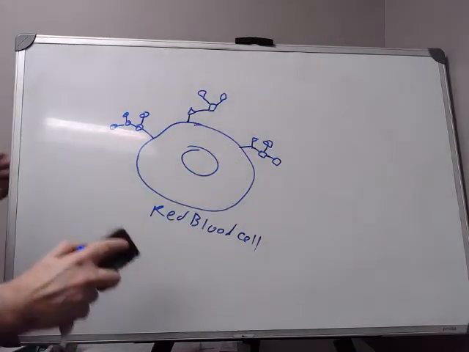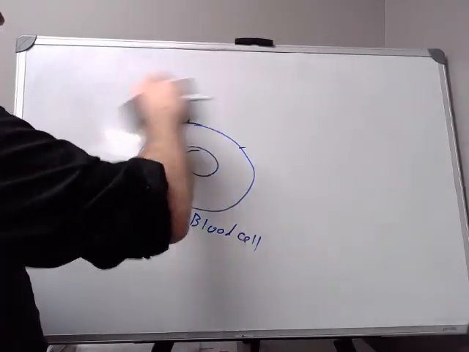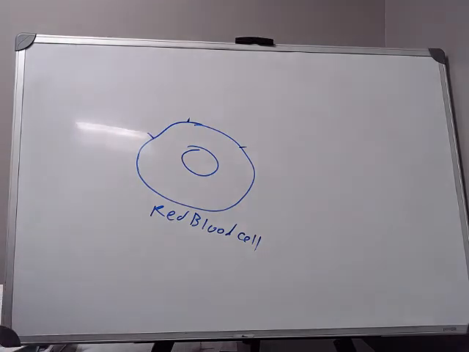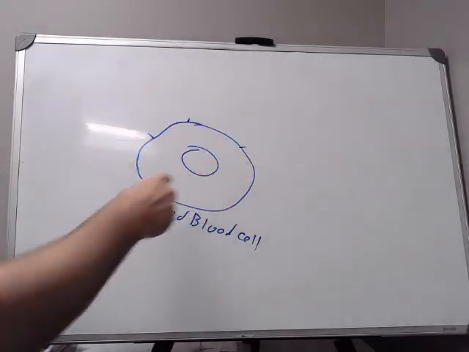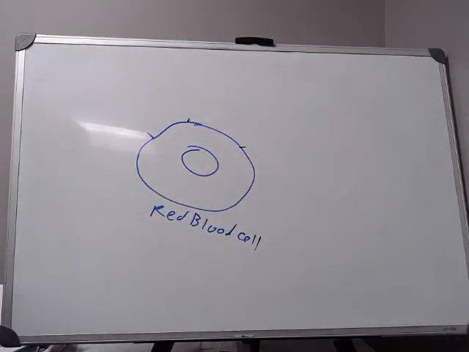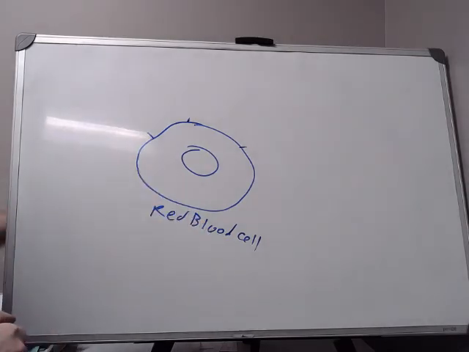And if you have O type blood, then those oligosaccharides are gone. And so that's why O type blood is the universal donor, because they don't have those oligosaccharides on the surface that the immune system can recognize. And so anybody can accept O type blood. So anyway, that's it for our discussion of oligosaccharides.